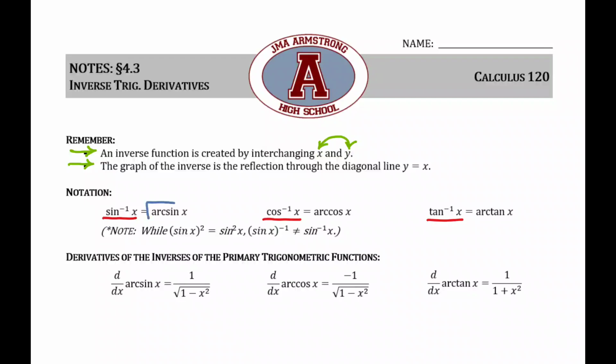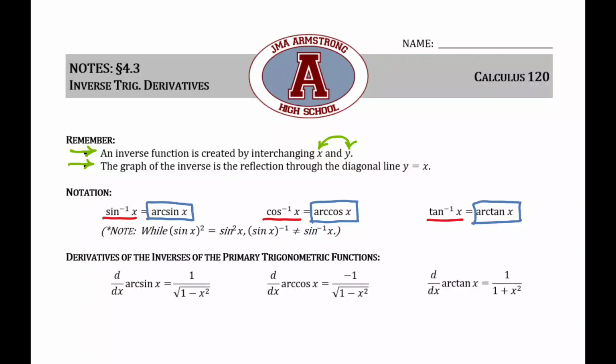So there is another notation that we'll introduce at this point, and we'll use this quite frequently going forward. So it's arcsine, arccosine, and arctangent. It means exactly the same thing as the other notation, but it does have the advantage that it wouldn't so easily be confused with an exponent.